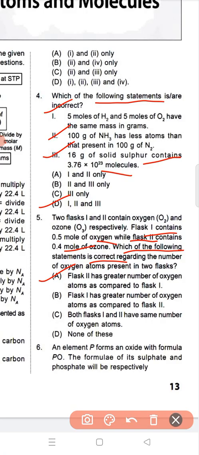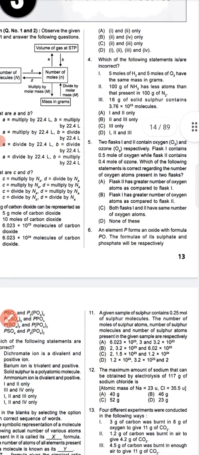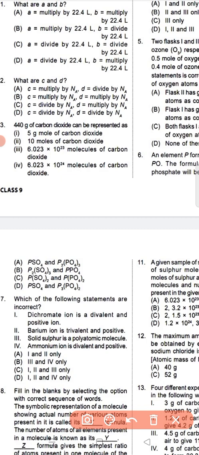Now question number 6 we will see. An element P forms an oxide with the formula PO. The formula of its sulfate and phosphate will be respectively? In PO, oxygen is -2, that means P is +2.